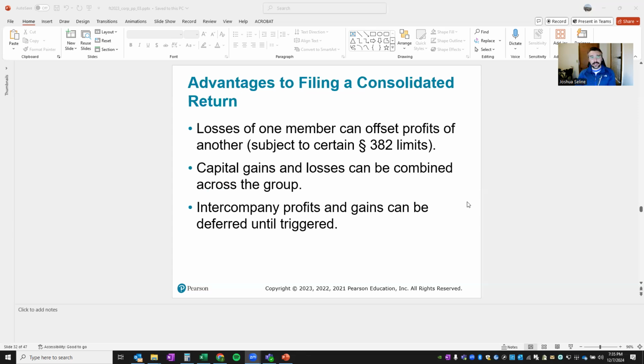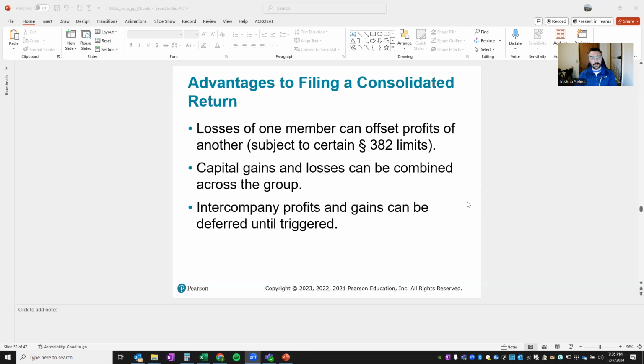The advantage to filing a consolidated return is that losses of one member can offset profits of another, right? So if I've got a consolidated return and I own 80% of these two companies, and one has a $100,000 gain and one has a $100,000 loss, I don't report those separately. They get combined and they offset.